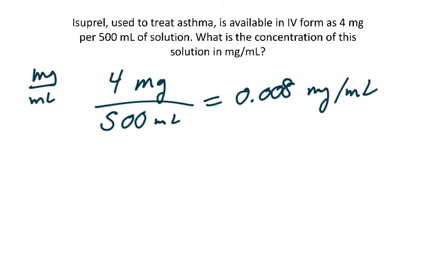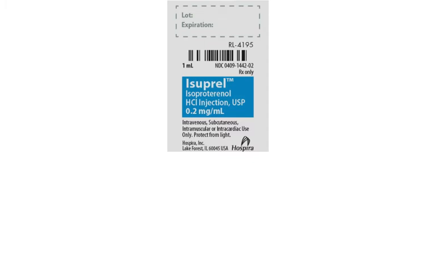So isoprel can come in other concentrations too, right? So here's a label which is 0.2 milligrams per milliliter. So this would be different, right? And I found another label that actually says more.